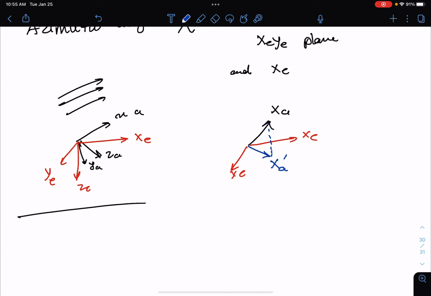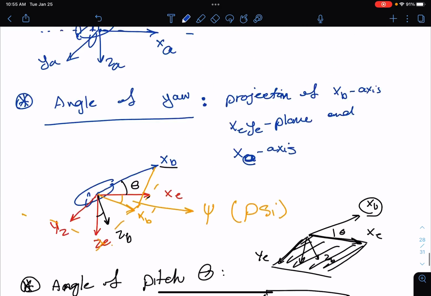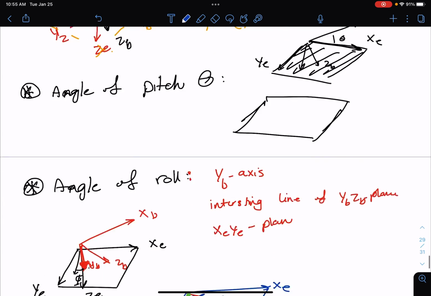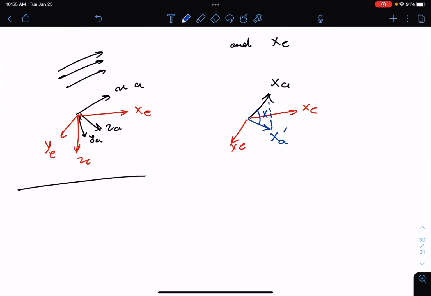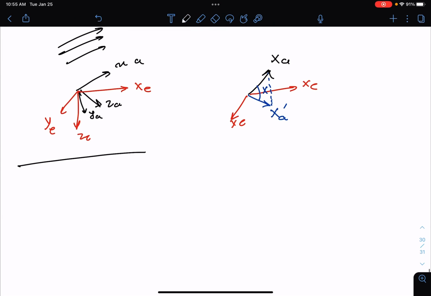Let's call it XA prime. This angle is going to be your azimuth angle. Does it make sense? So essentially, it is the same thing as the angle of yaw. The difference is that this is on an airframe axis, and you're going to see this trend over and over again.